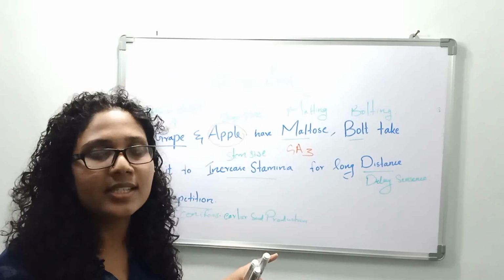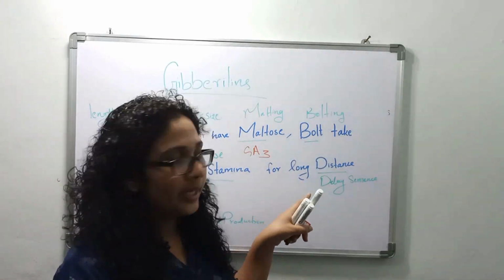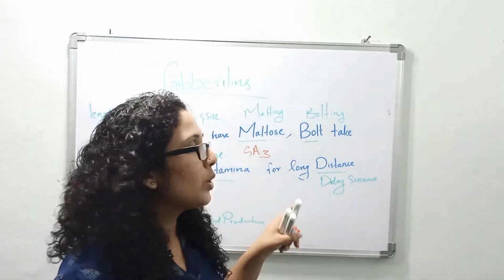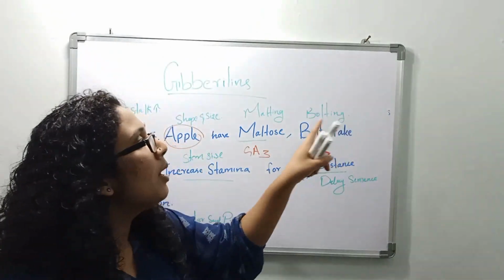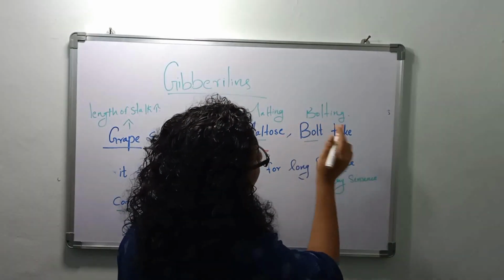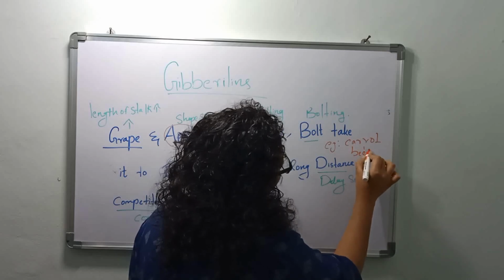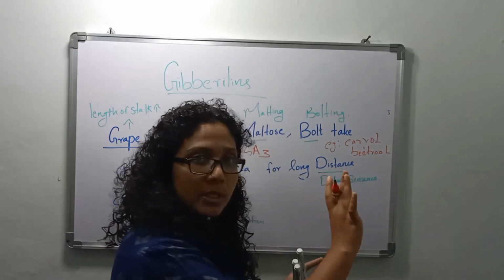Then the next function of gibberellin is bolting. Bolting simply means internodal elongation in plants with a rosette habit. Examples for bolting by gibberellins are carrot, beetroot, that is plants with rosette habit.